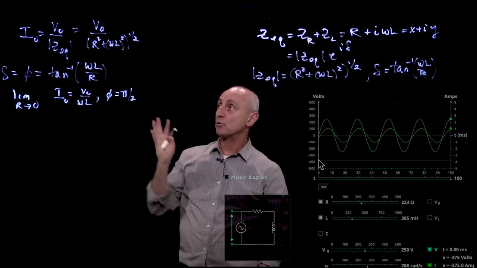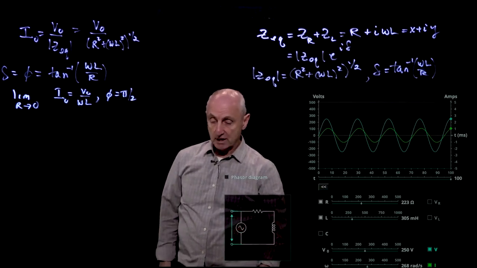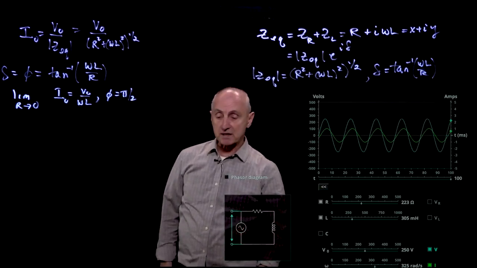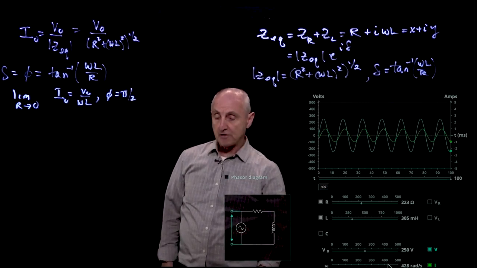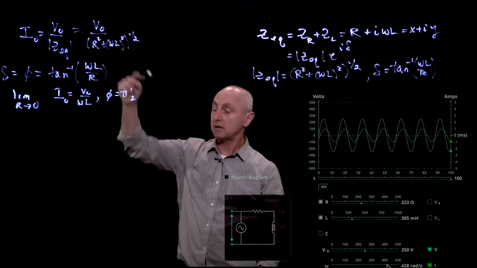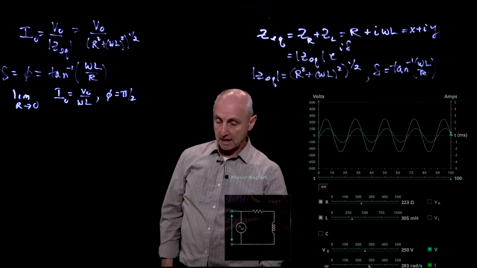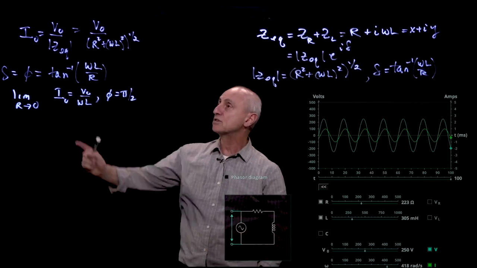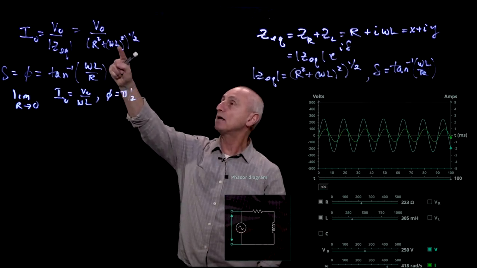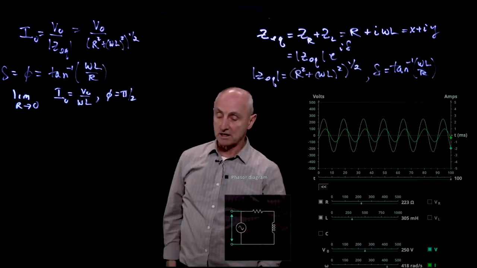And if we increase omega, which is down here, we expect that the amplitude of the current will decrease. If we decrease omega, we'd expect that the green amplitude will increase. It's not a huge effect, but it's seen more by increasing or decreasing the inductance.